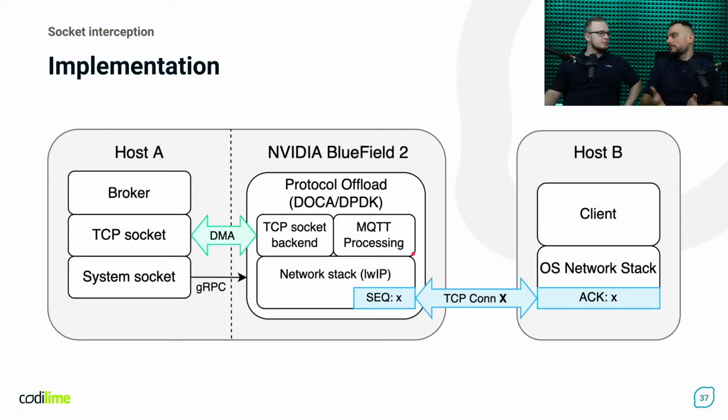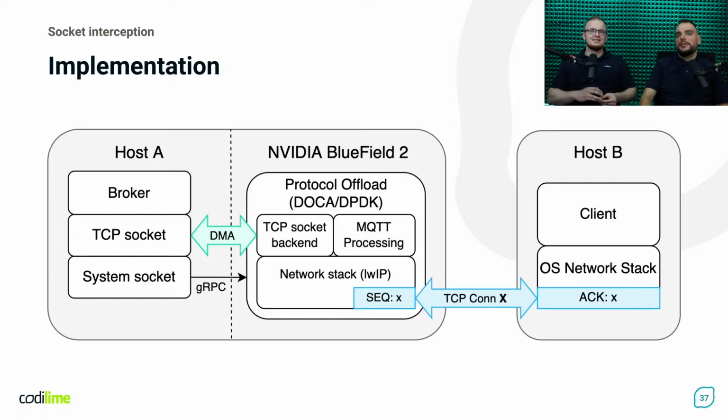In this iteration we simply did not concern ourselves with it. It was not the goal to further accelerate the protocol. We wanted to remove the connection between the broker and the client, that's something that we want to tackle here. Yeah. So the MQTT processing, naturally, we expect it not to be worse.